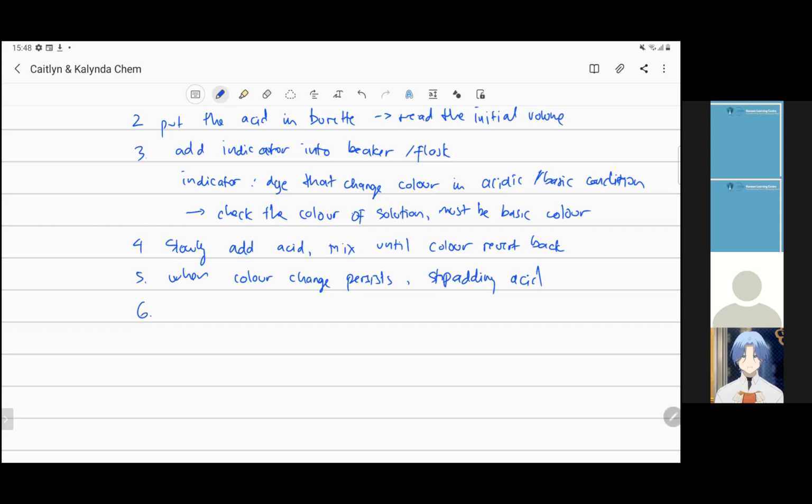After the color change, note the final volume. And then calculate the volume of acid added.